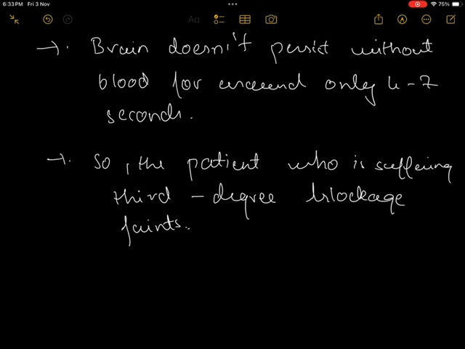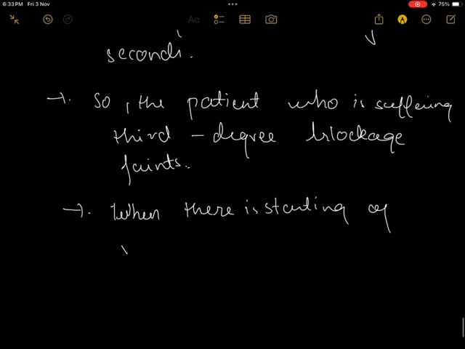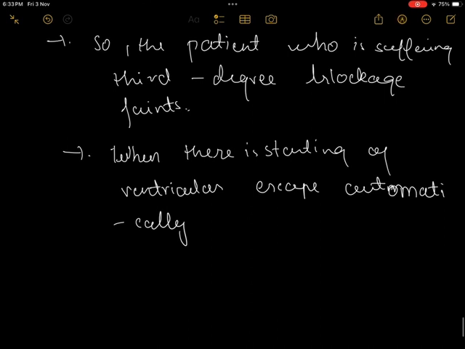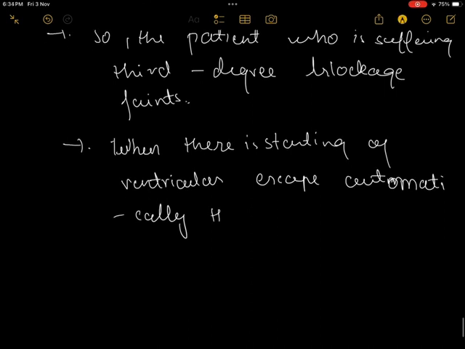As I have said, when ventricular escape starts, automatically the blood supply stabilizes itself due to the contraction of the heart and generation of heartbeat.